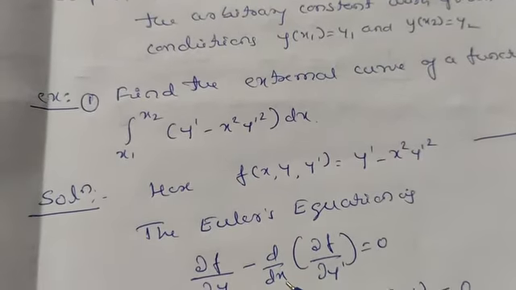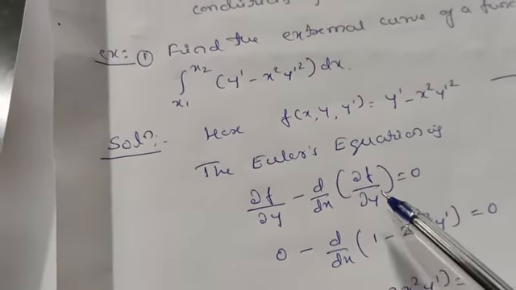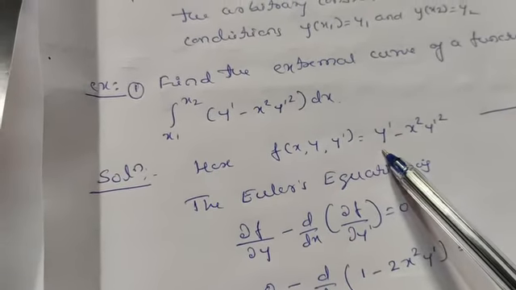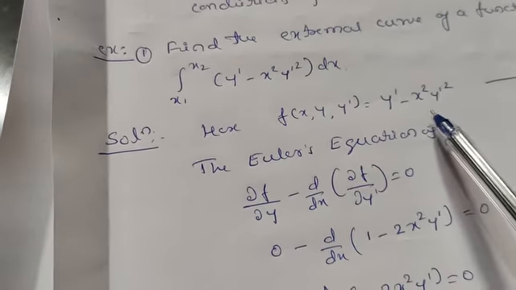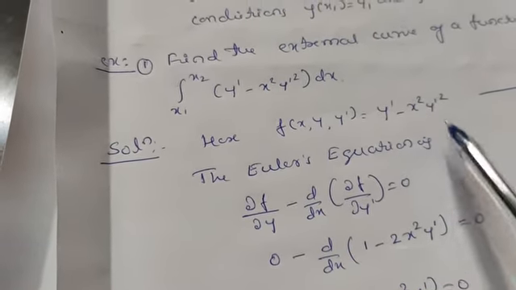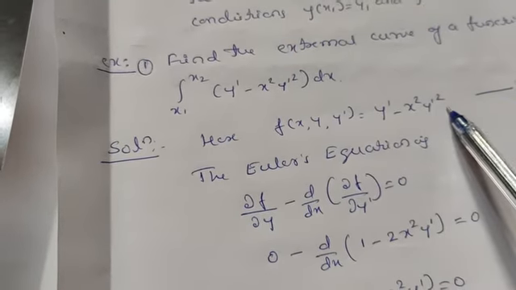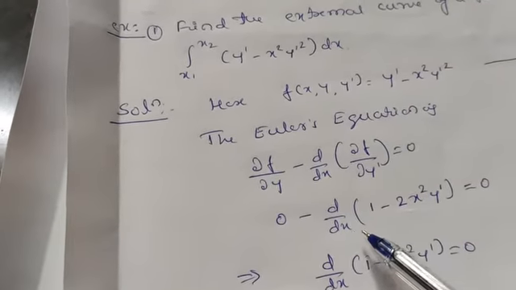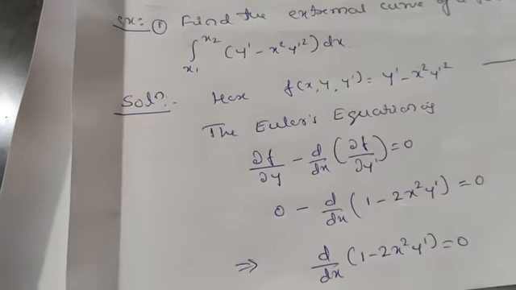And d/dx of this ∂f/∂y'. Again differentiating f partially with respect to y', derivative of y' is 1 minus, this x² is as it is, derivative of y'² with respect to y' is 2y'. So it is 1 − 2x²y' = 0.